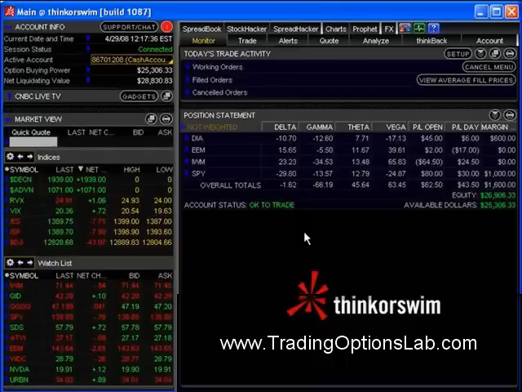In this type of trading, you're putting on positions, and you don't have to settle for market prices. In fact, I don't suggest you settle for market prices. The nice thing about the Thinkorswim platform is it allows you to get in at the mid prices many times.